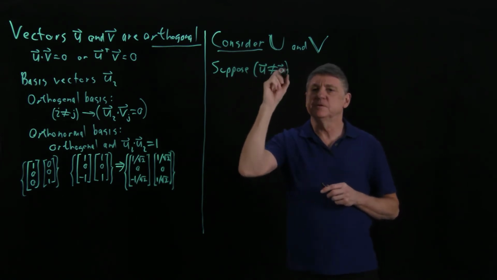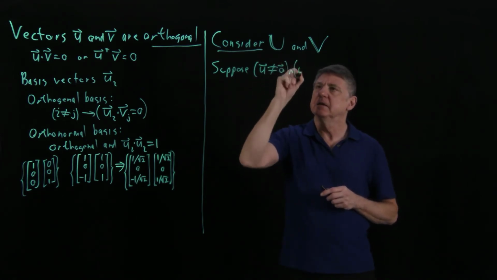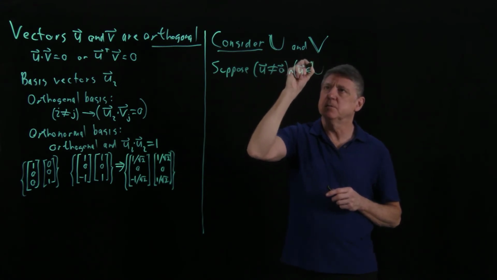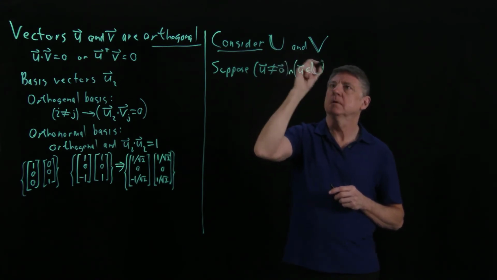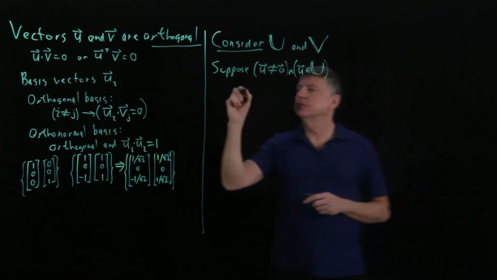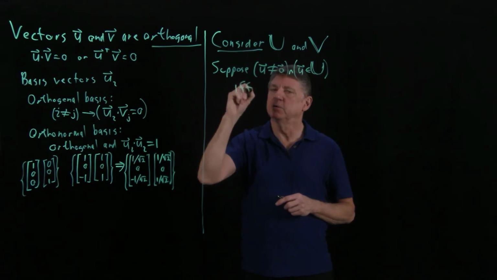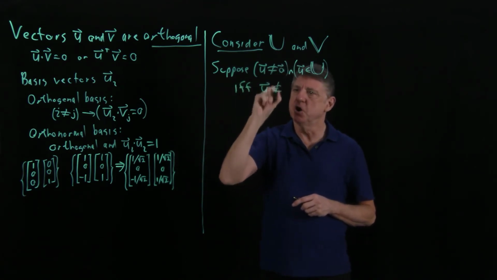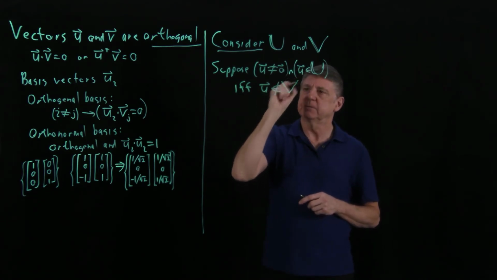Suppose U is not a zero vector and little u is in big double-barreled U. And suppose that that is true if and only if u is not in the subspace V.